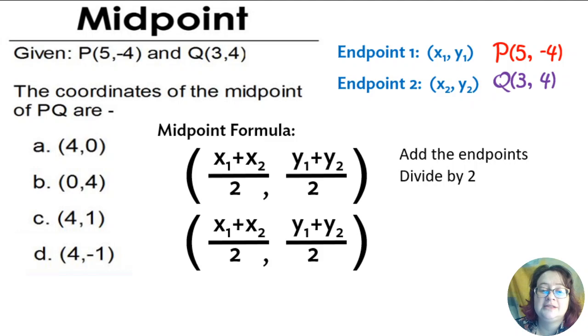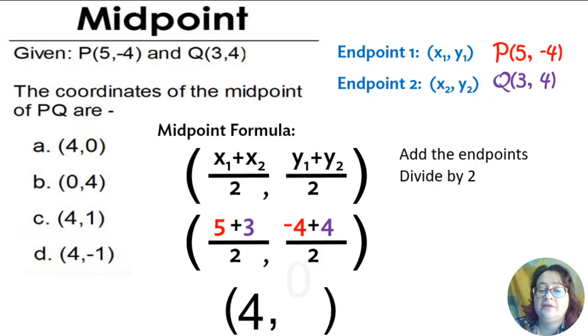Instead of x sub 1 and x sub 2 and y sub 1 and y sub 2, I'm going to have 5 and 3, -4 and 4. 5 plus 3 is 8, divided by 2, that's 4. And then onto my y value, -4 plus 4 is 0, and 0 divided by 2 is 0. So (4, 0) is my answer.